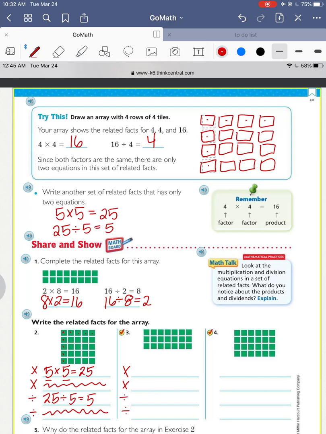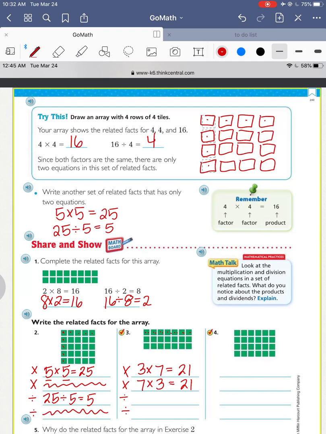Count the rows, 1, 2, 3, times 1, 2, 3, 4, 5, 6. I didn't count that right. 1, 2, 3, 4, 5, 6, 7. 3 times 7 is 21. So then we can do the opposite. 7 times 3 is 21.